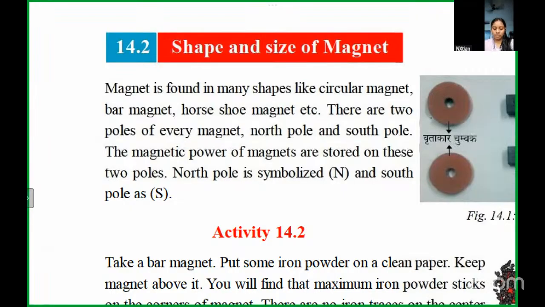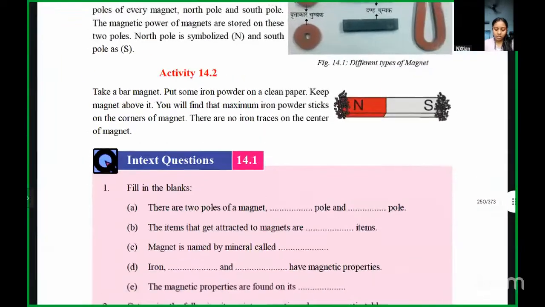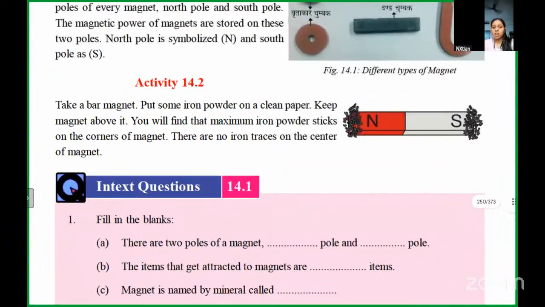Now I will explain the concept of attracting and repelling. In Activity 14.2, you can take a bar magnet and some iron powder on a clean paper. Keep the magnet above it. You will find that maximum iron powder sticks at the corners of the magnet, but not in the center.